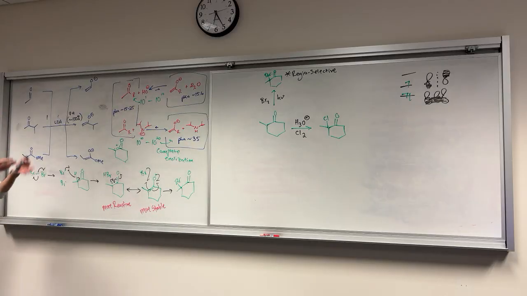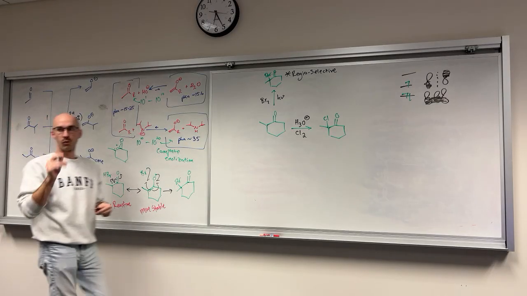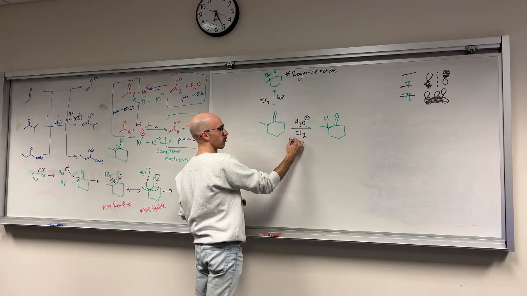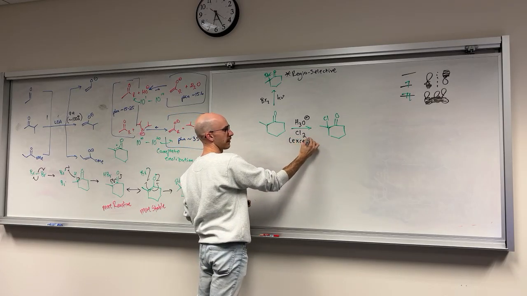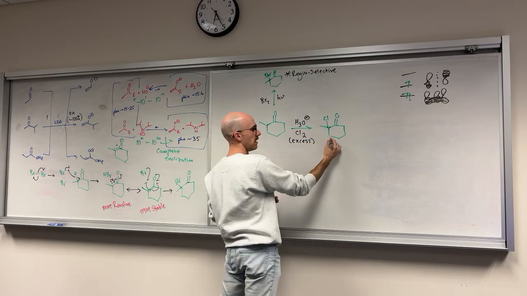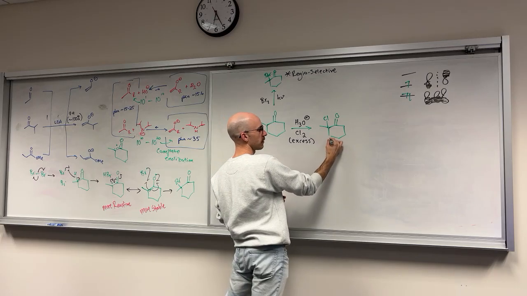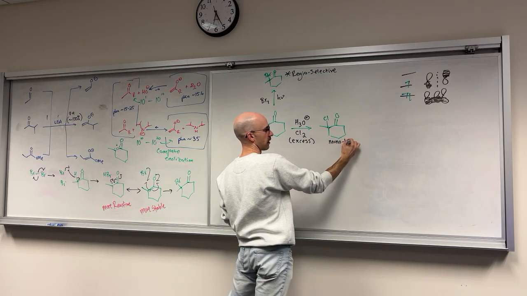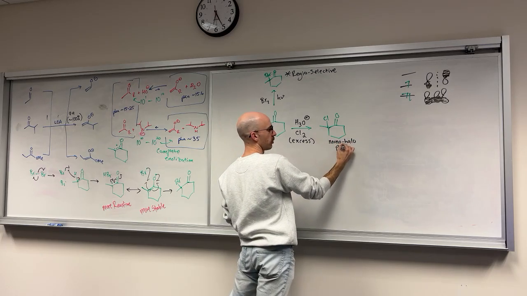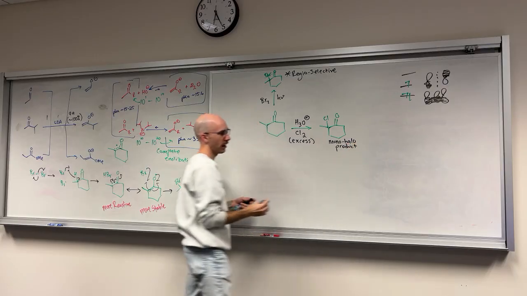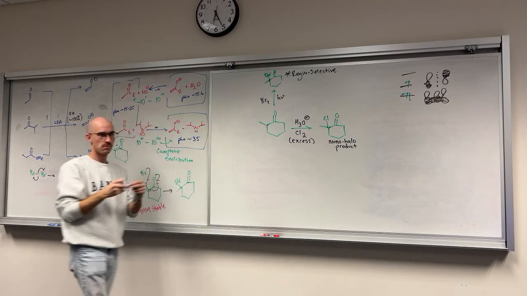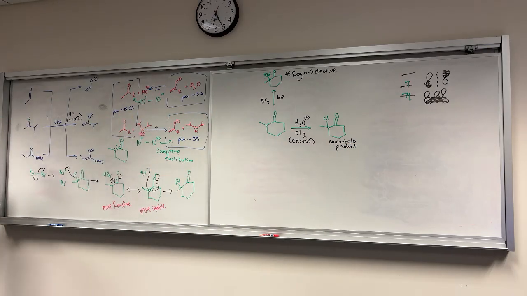This is alpha-halogenation in acidic conditions. Regardless of how many equivalents you use, if you have an excess amount of halogen, this is the only product you will get. You will only ever get a monohalogenated product. There's a reason for this.